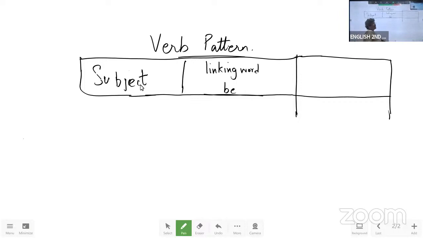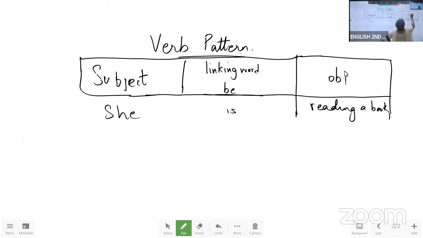You can also have a transitive sentence, that is, with an object. You cannot say she is reading. Remember, you have to mention the object. Here the object is book.